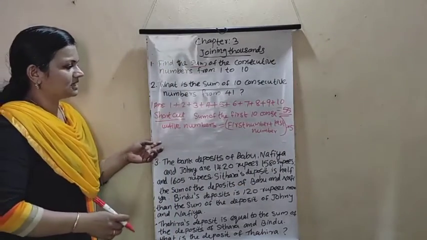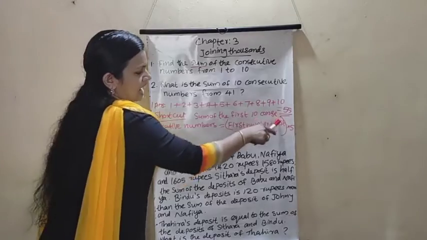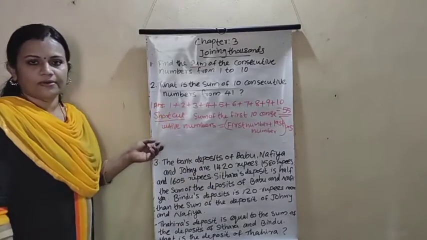What is the shortcut method? First number plus last number into 5.